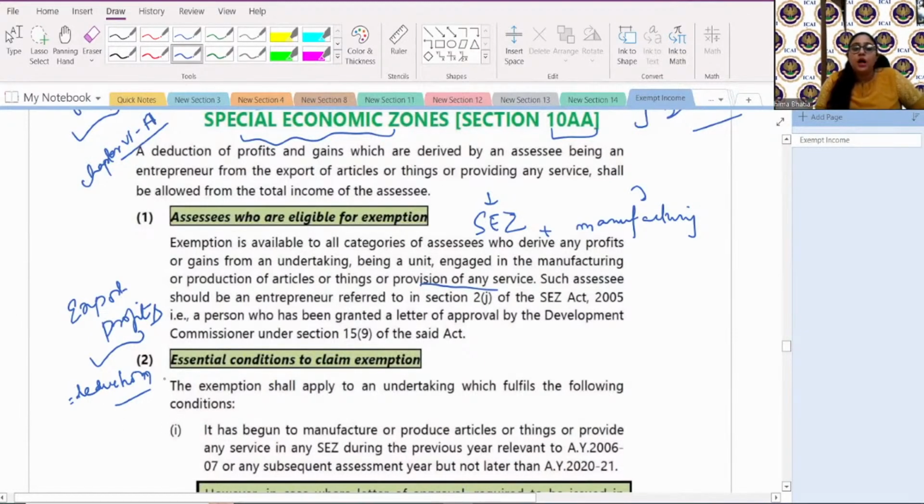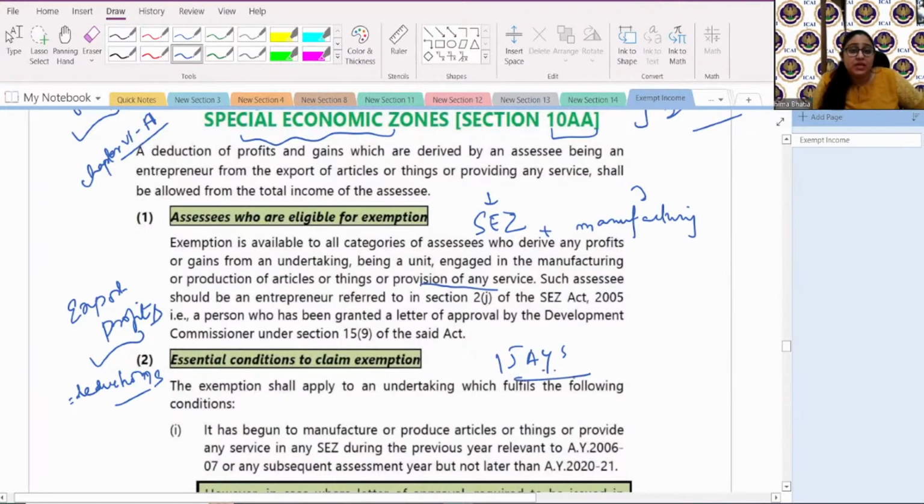Now the point is how this deduction is allowed, whether all the time. Tax holiday is for a period. Holiday does not mean a short day, it is not for 1 year. It is for a good period. First of all, this holiday is for 15 assessment years.